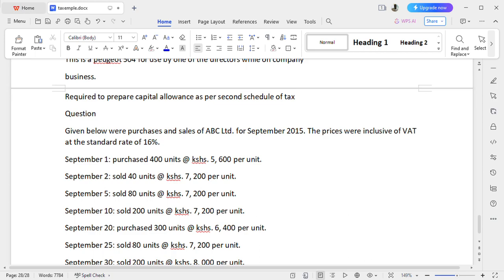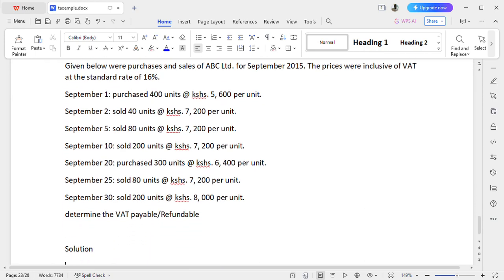September 2nd, sold 400 units at shillings 7,200 per unit. September 5th, sold 80 units at shillings 7,200 per unit. September 10th, sold 200 units at shillings 7,200 per unit.